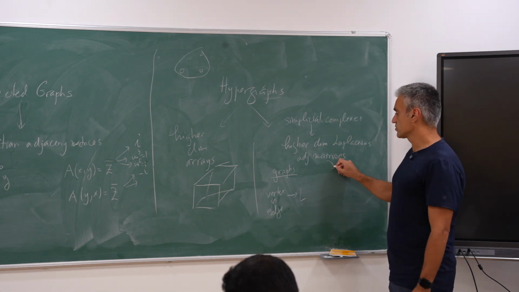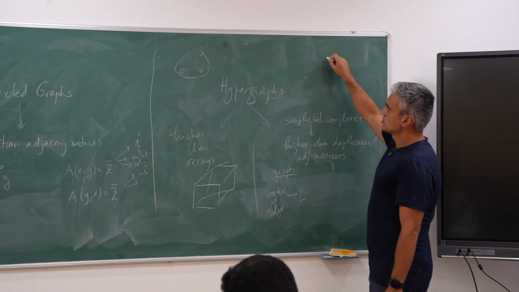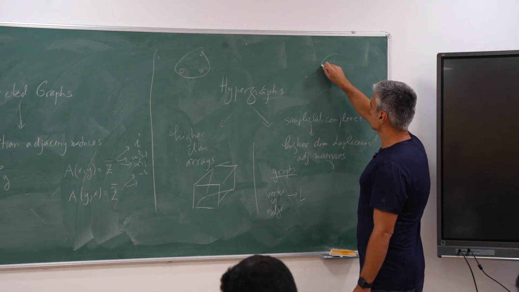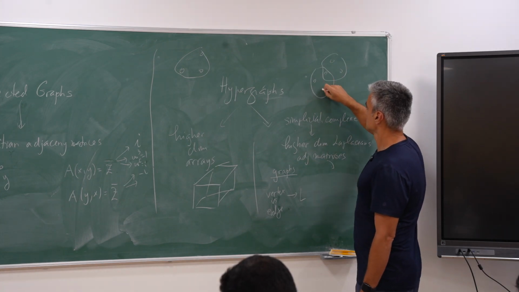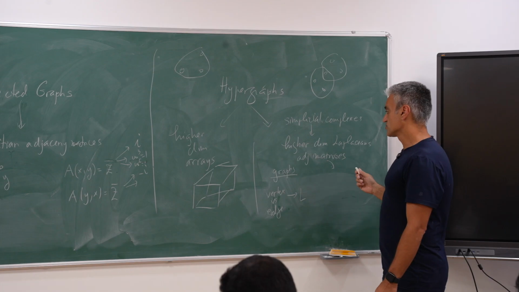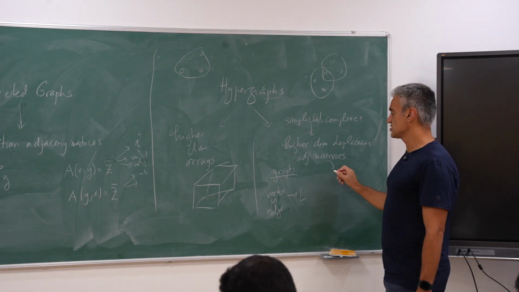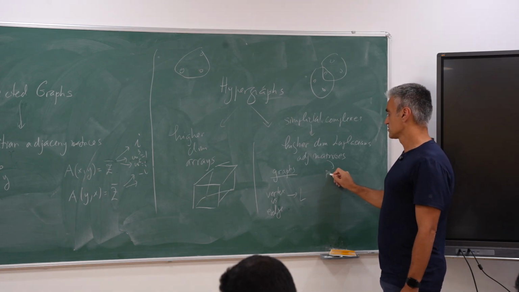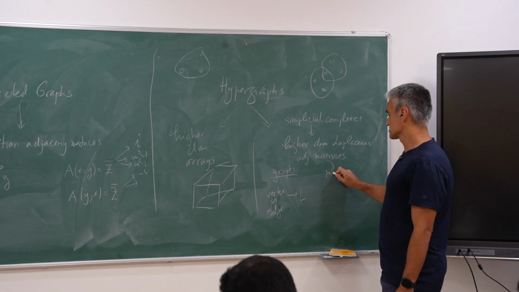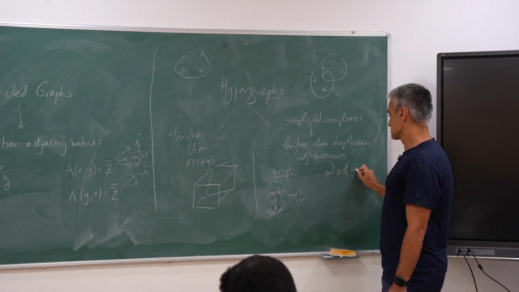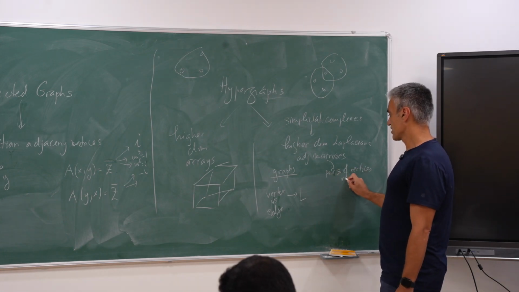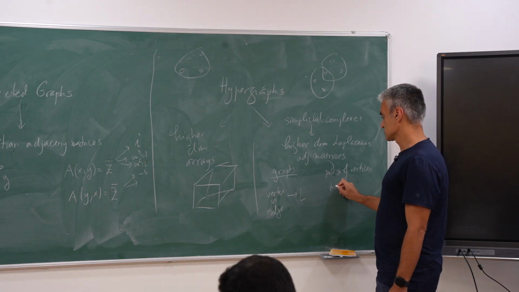Something similar will happen here. Let's say you have triples and so on. What you can do is you can try to see how pairs of vertices interact with your hyperedges.